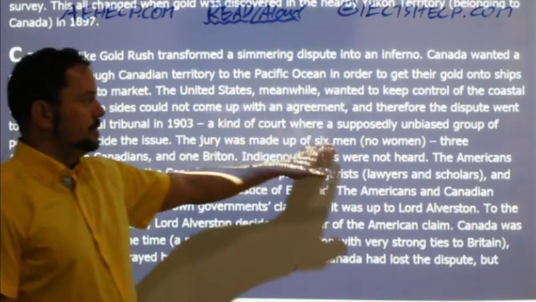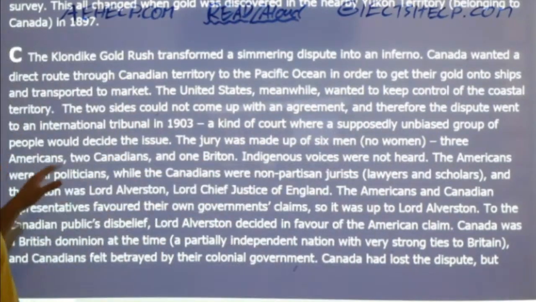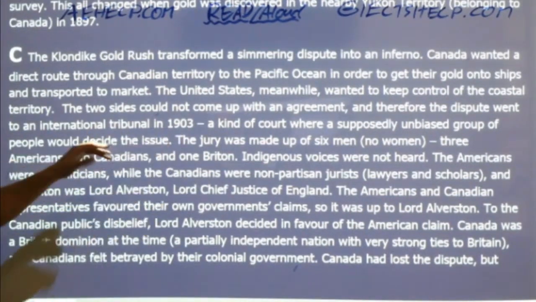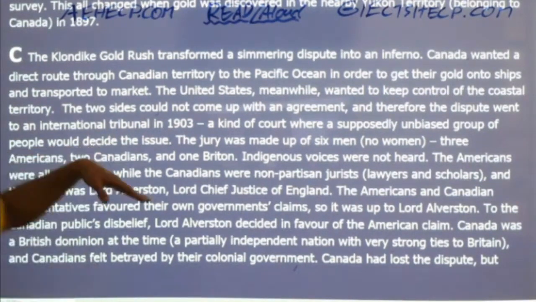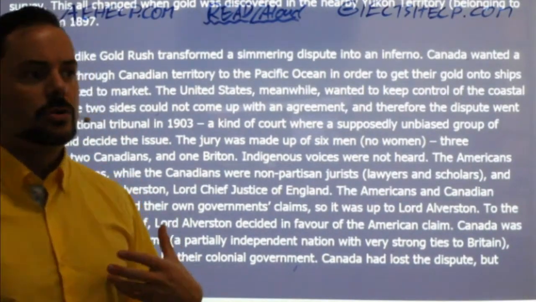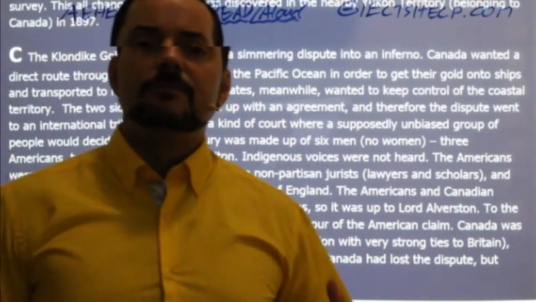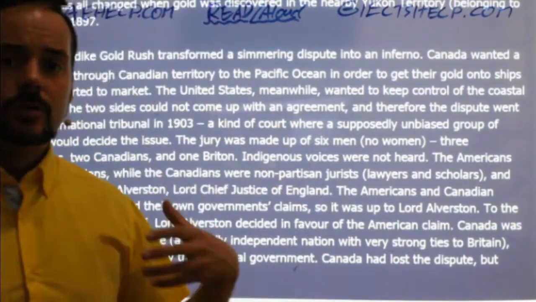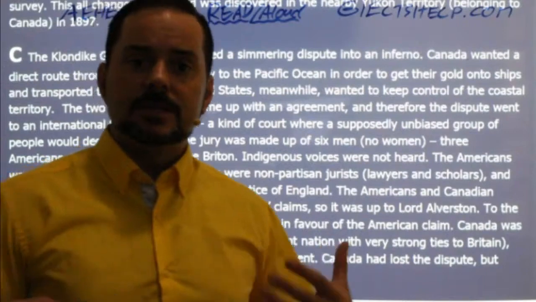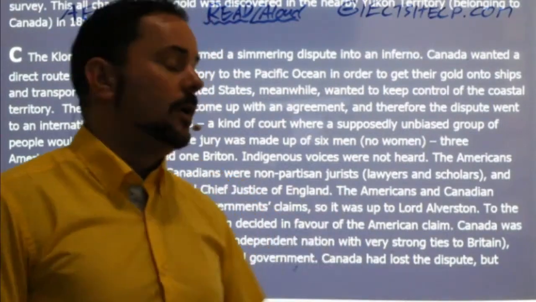The two sides could not come up with an agreement, and therefore the dispute went to an international tribunal in 1903. I think somebody asked me what the meaning of tribunal is. Tribunal is like an official court of many countries to help countries make a decision when they can't do it on their own.